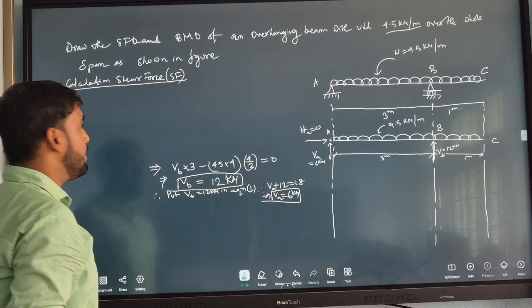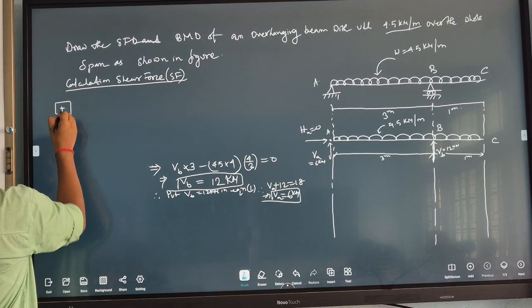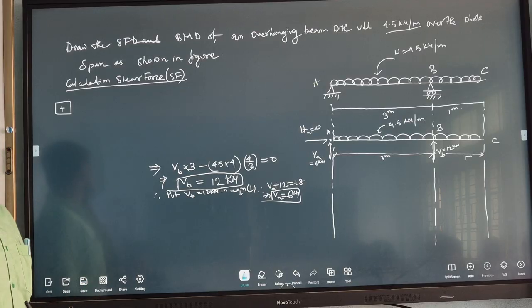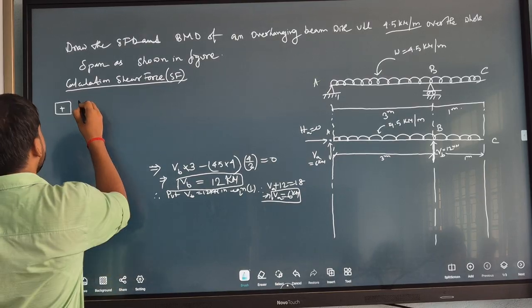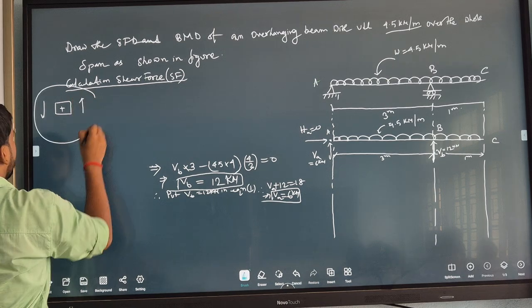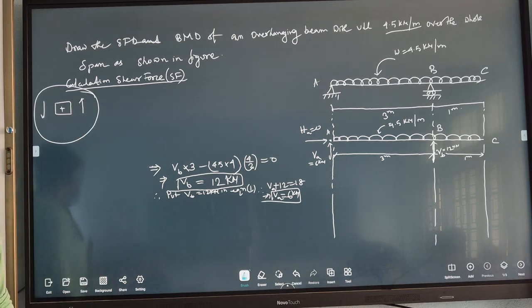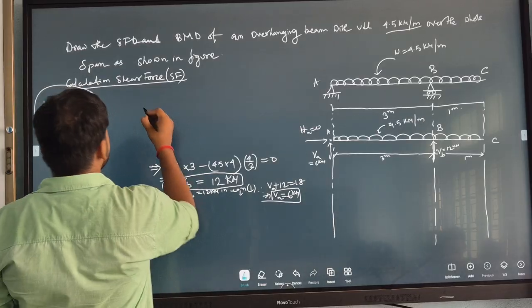First, draw the sign convention. Here I am drawing the sign convention of shear force. The sign convention: right up is negative, right down, left up is positive. Now calculate shear force.